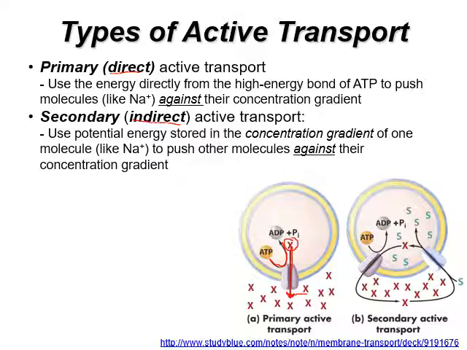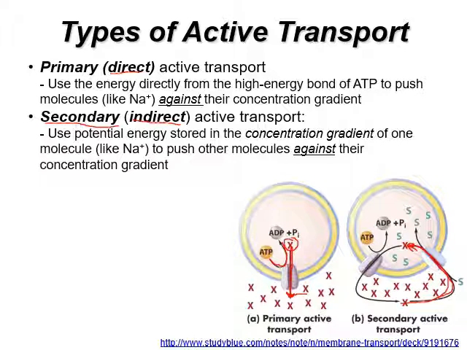Secondary, on the other hand, as you see here, we're taking X here from high to low. X is going from high to low. On the other part, we're going from low to high, but we're using X. So that is diffusion. It's going in the right direction. And there is, what I haven't stated yet, energy in these concentration gradients.